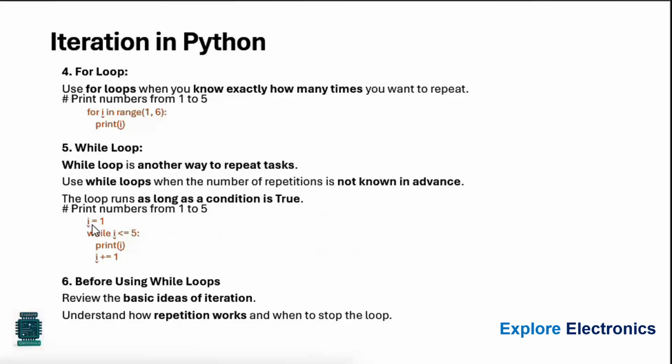Let us see the example. i = 1, while i <= 5. Here we have taken the while loop condition: i is less than or equal to 5. This is the condition the computer will follow.